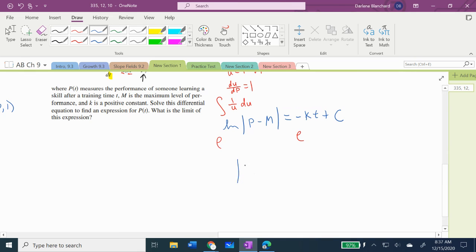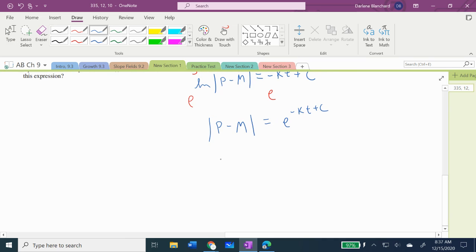That gives me the absolute value of p minus m equals e to the negative kt plus c. The absolute value is a plus or minus sign.